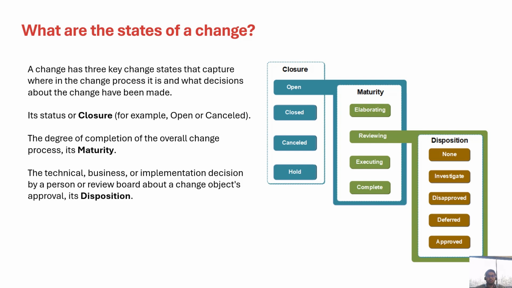For example, maturity is a substate of closure, and disposition is a substate of maturity. So these stages are set as a change moves through the process. To move a change to the next phase, like turning a problem report into a change request to find a solution, the stage must be correctly set.